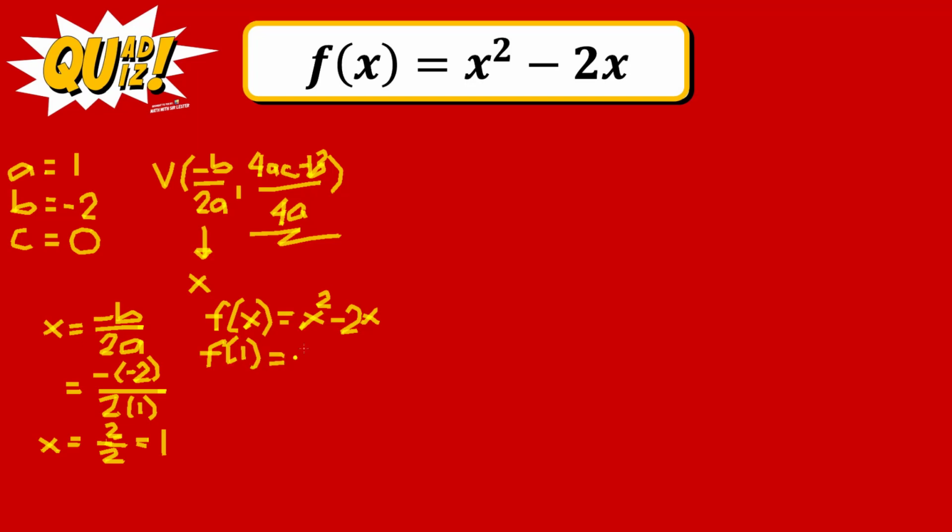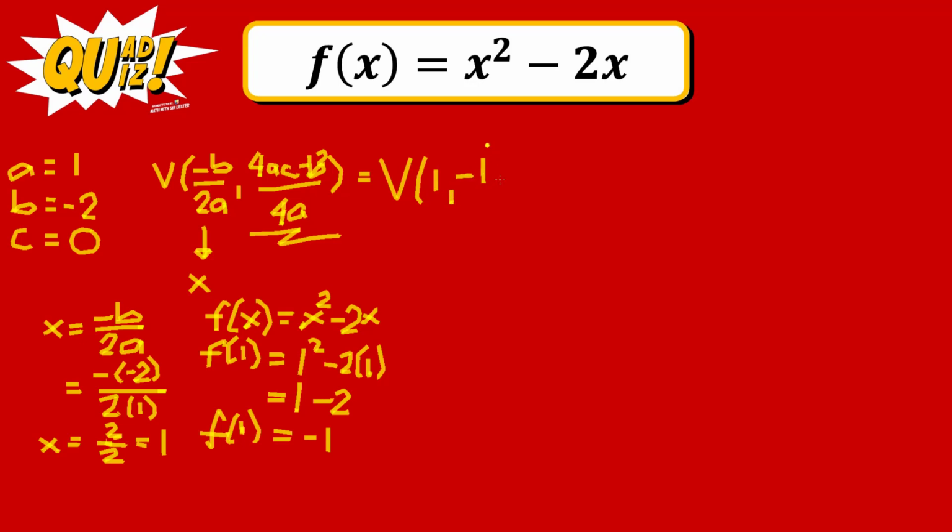So this is 1 squared minus 2 times 1. So you'll have 1 squared is 1 minus 2. So our f of 1, which is the partner of 1 being x, f of 1 is our y. It's negative 1.